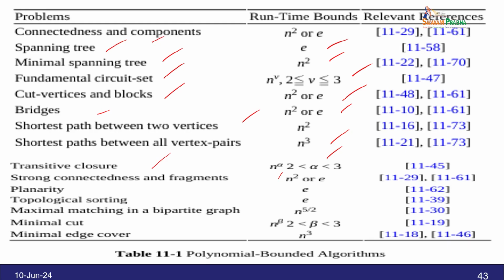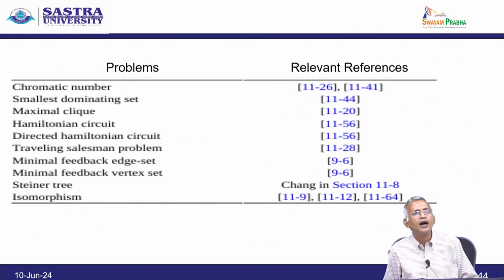Strong connectedness and fragments is n square or E, planarity and topological sorting is E, and maximal matching in a bipartite graph is n power 5 by 2. Maximal cut is n power beta, where beta lies between 2 and 3, and minimal edge cover is n cube. These are all the corresponding running time bounds, and these are the reference numbers, which one may refer to. This polynomial bounded algorithm will be helpful, and these are all the problems, and these are the references.